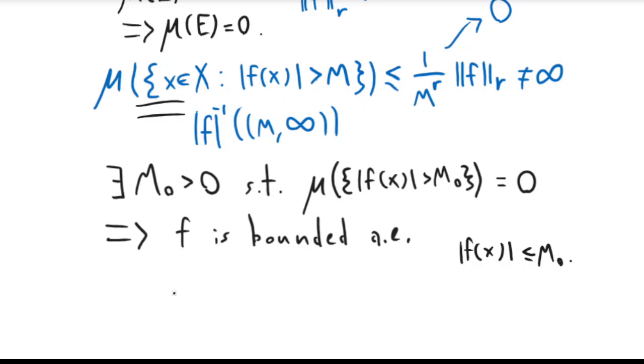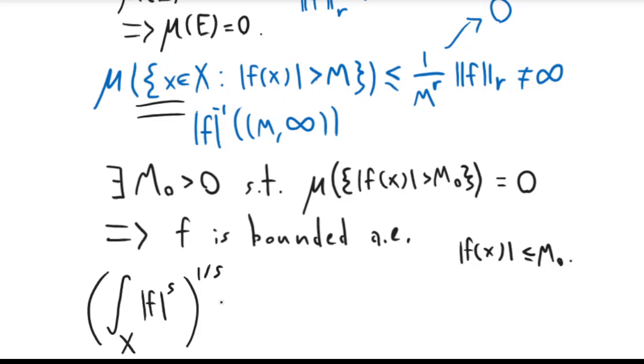So if you think about what this means, now thinking about the s norm of f, that's really just this integral, and then to the 1 over s. The 1 over s doesn't really matter right now.